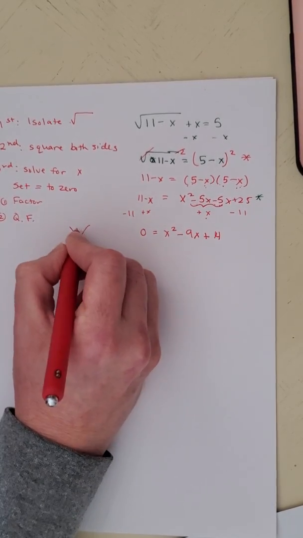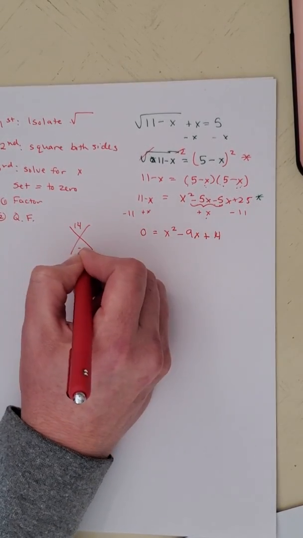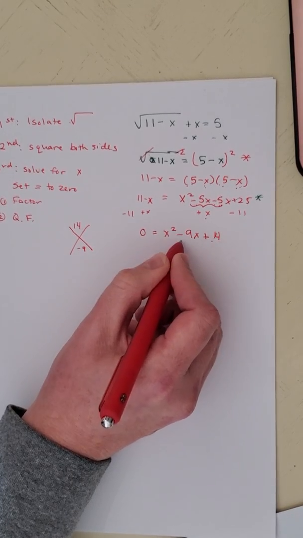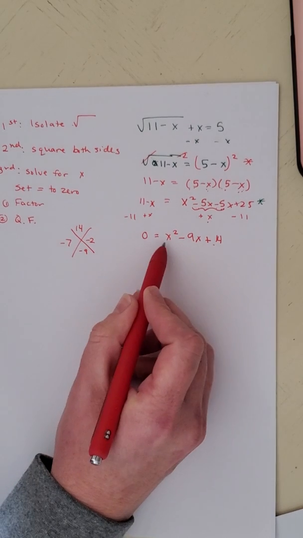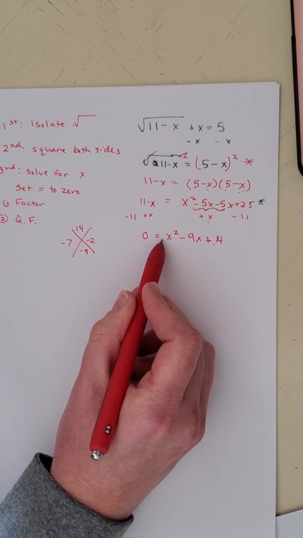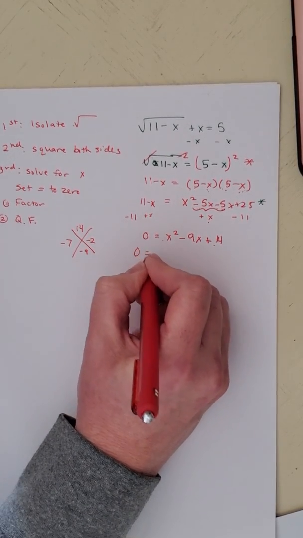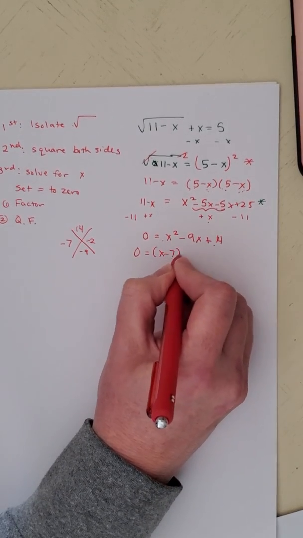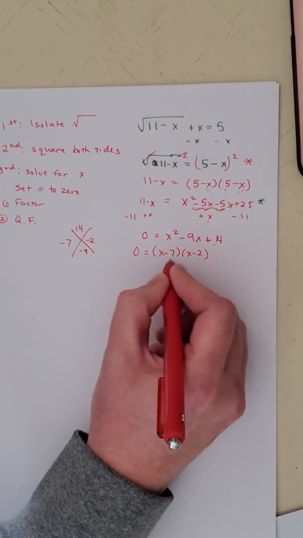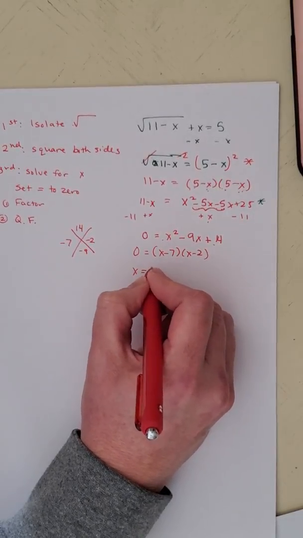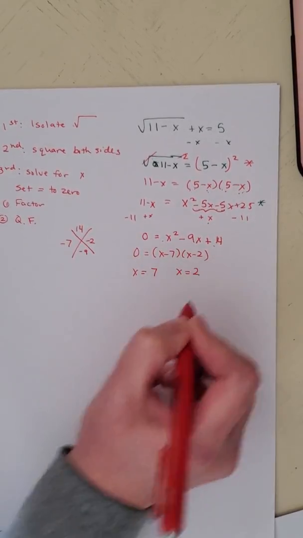We need something that multiplies to 14 and adds to negative 9, which would be negative 7 and negative 2. Remember, no leading coefficient, so we don't need to factor by grouping. So this is x minus 7 and x minus 2. All right, so our two possible solutions are x equals 7 and x equals 2.